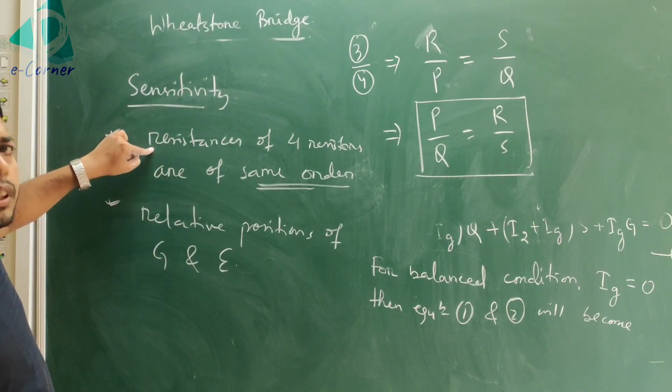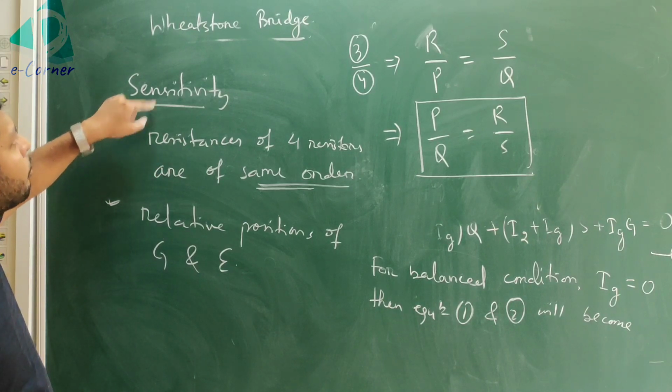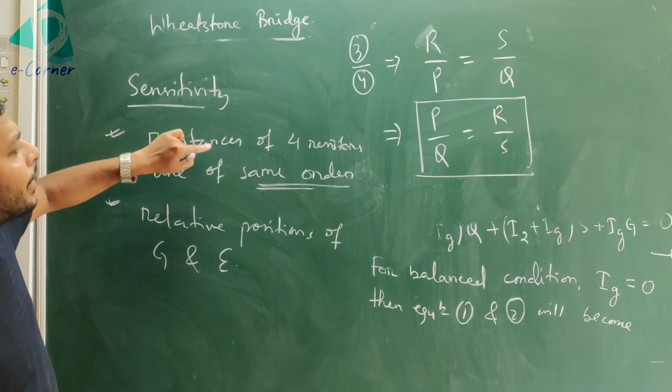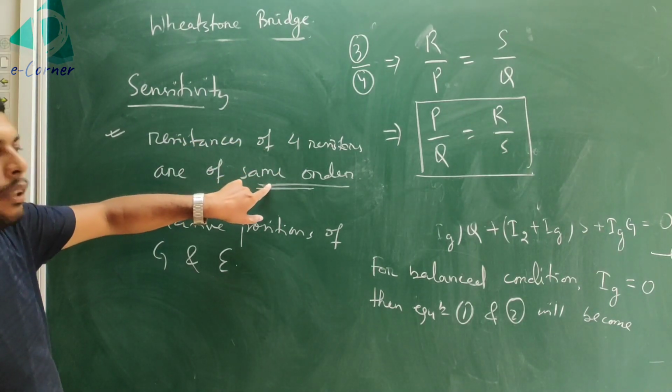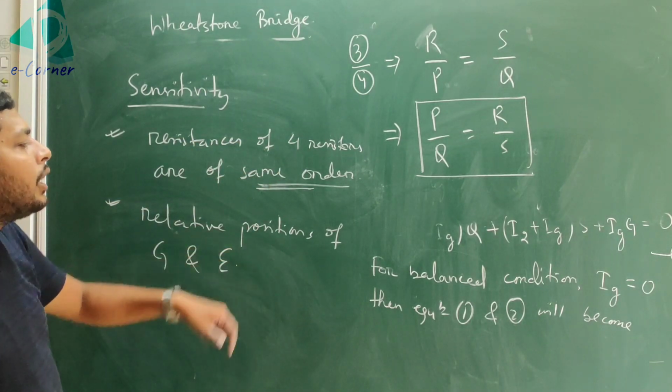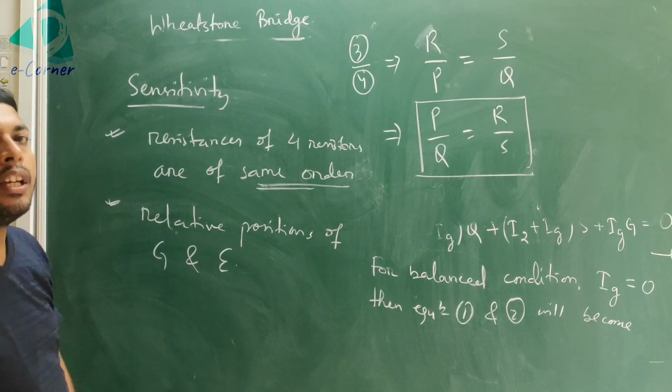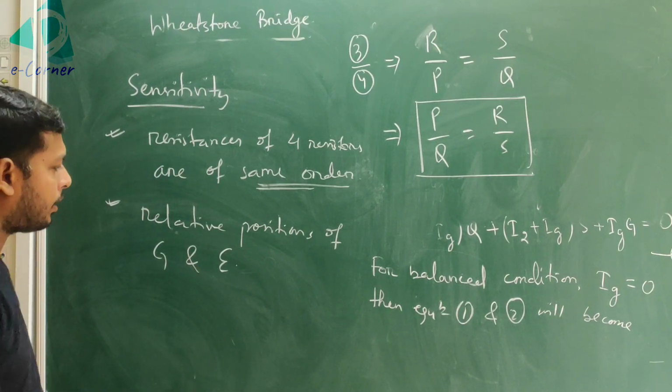On what does the sensitivity of Wheatstone bridge depend? It depends on resistance values. The resistance values of the four resistors must be of the same order. And second, the relative positions of galvanometer and battery should be perfect.